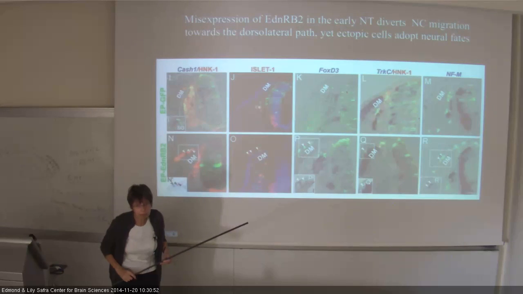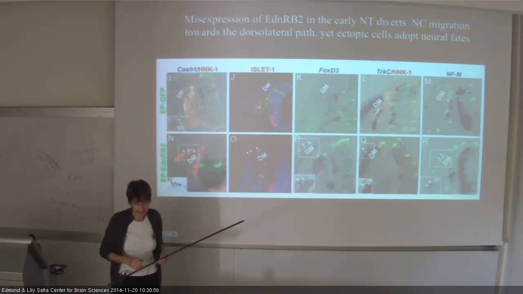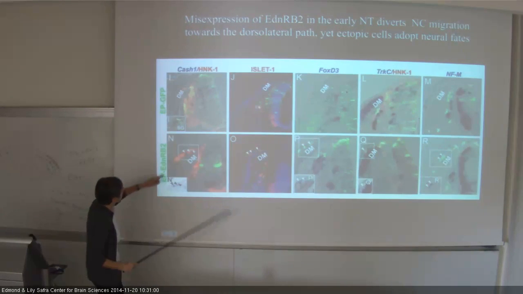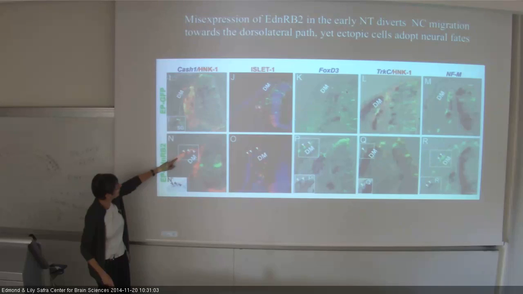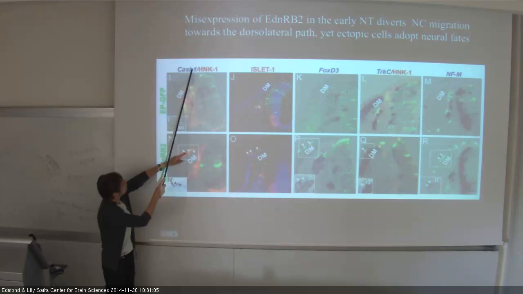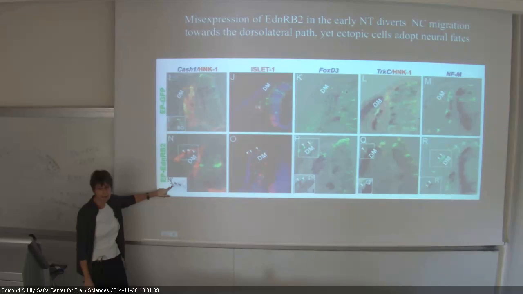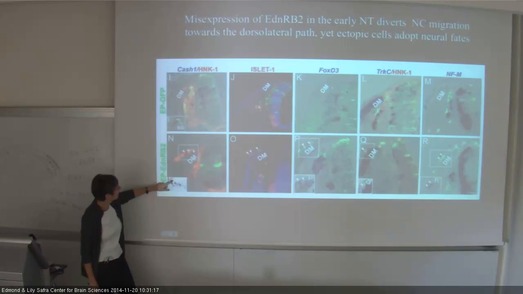Do they upregulate de novo neural markers? The answer is yes. So what you see here, just look at this panel. These cells that migrate superficially express CASH1 and HNK1. This is CASH1. It's a proneural transcription factor, one of the earliest, that characterizes the sympathoadrenal lineage.